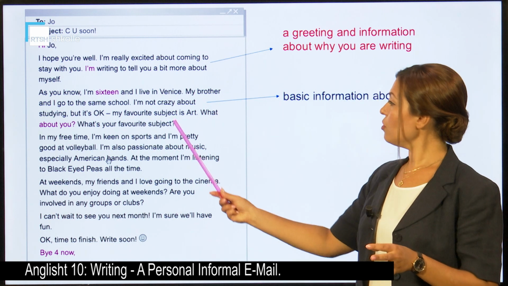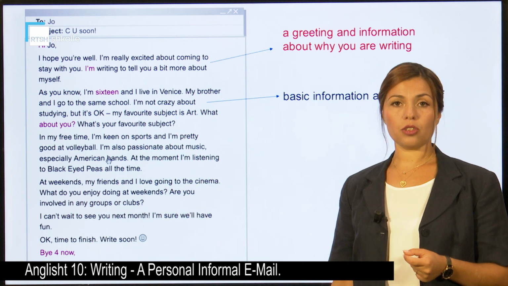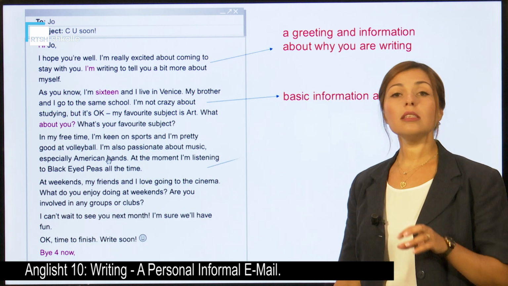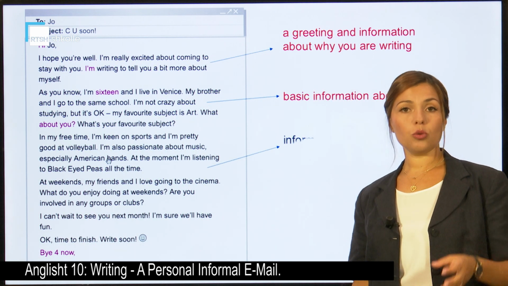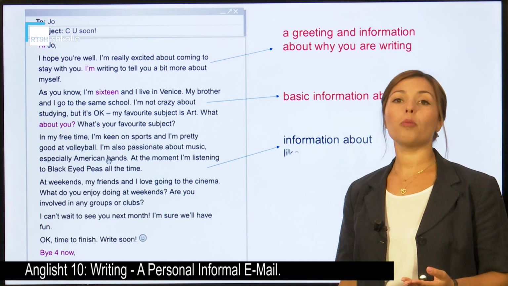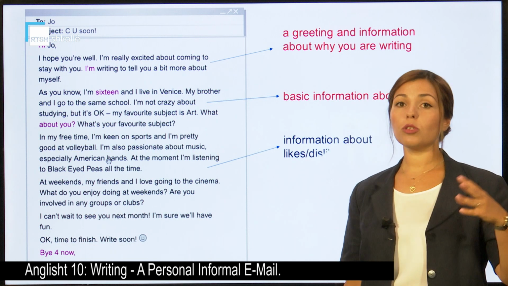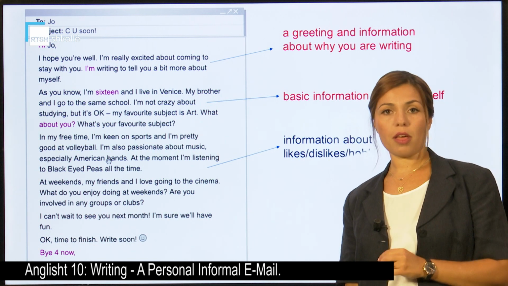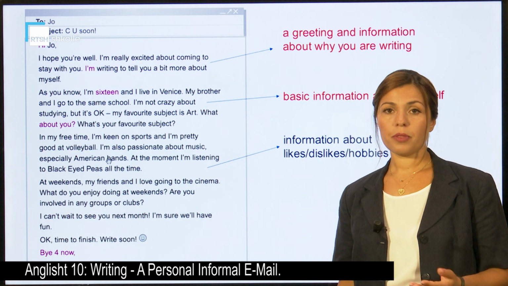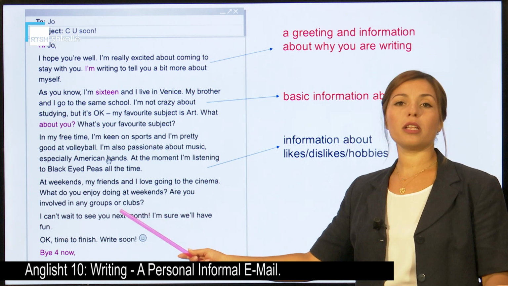So, after giving some basic information, now we're going to talk about likes and dislikes. So what do we do in our free time? What is our favorite hobby? Maybe how much time we spend on doing this thing or that thing. What is that thing that we dislike? What do we do with our friends?